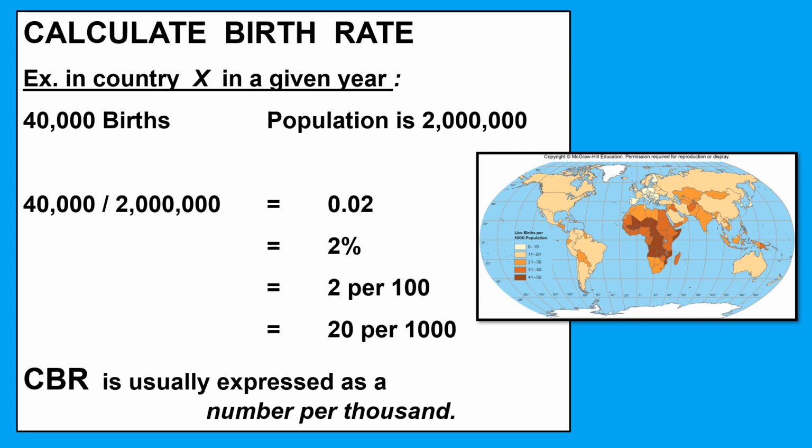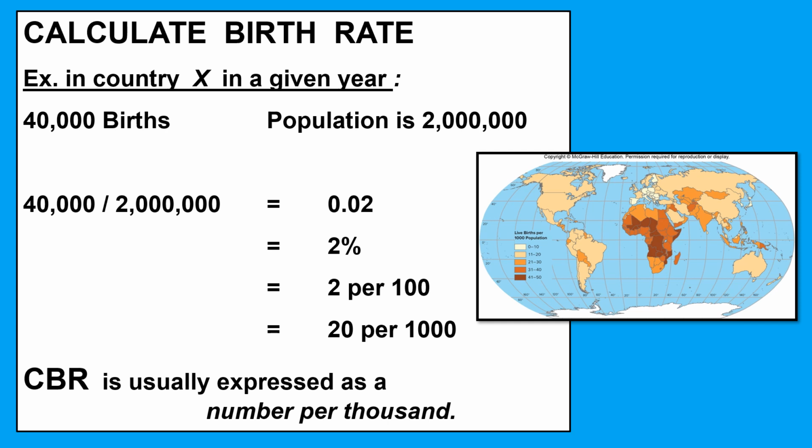Well, 0.02 is just another way of saying 2%. 2% is just another way of saying 2 per 100. 2 per 100 is just another way of saying 20 per 1,000. So on the legend for the CBR map, it's a number per thousand. It's almost always expressed as a number per thousand.